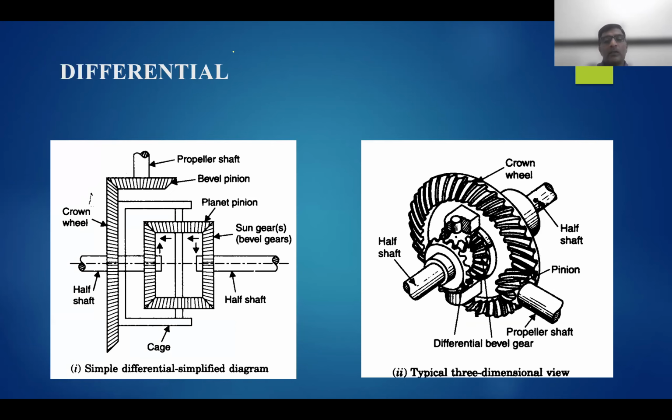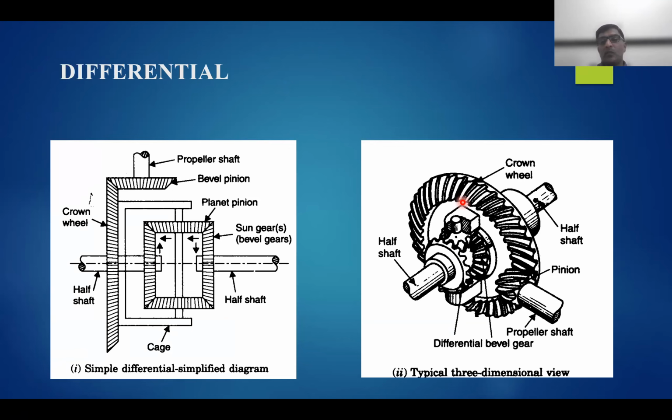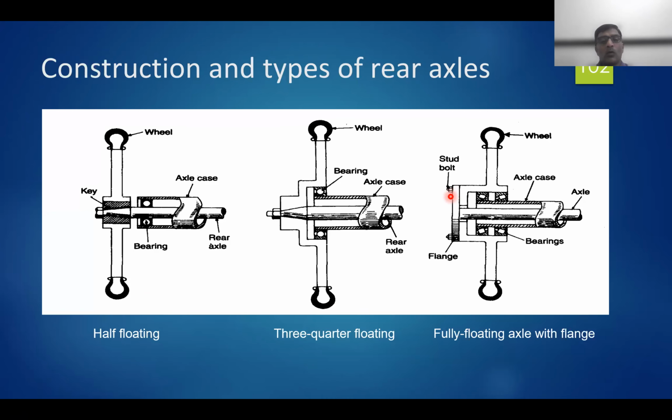We have seen such a differential or final drive requires a big housing. You might have seen a big housing on the rear axle. So it has more weight as the number of components is more.